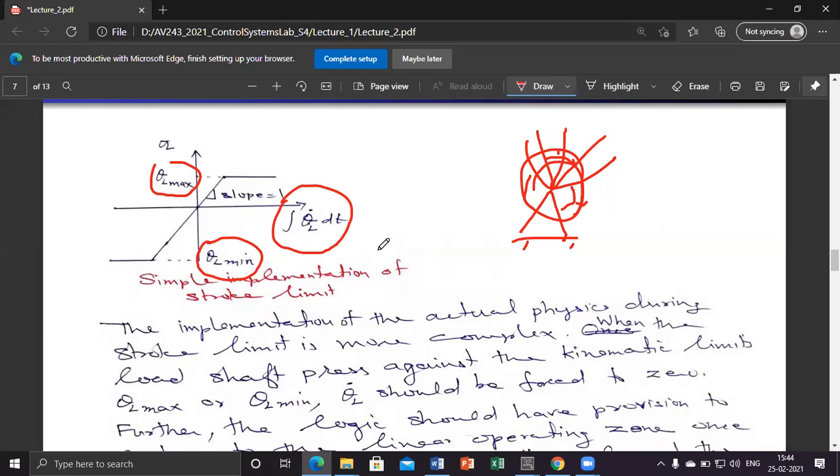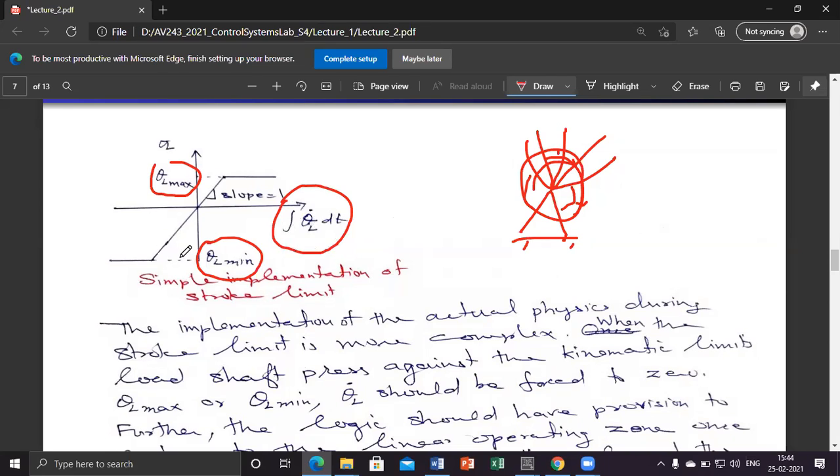On integration you will get theta L dot. On further integration you will get theta L. So theta L as such is not directly coming. It is coming after integrating the angular velocity. That's what I put like this. In strict mathematical terms you have to write theta L at time t is equal to theta L at 0 plus the integral from t0 to t of theta L dot dt.